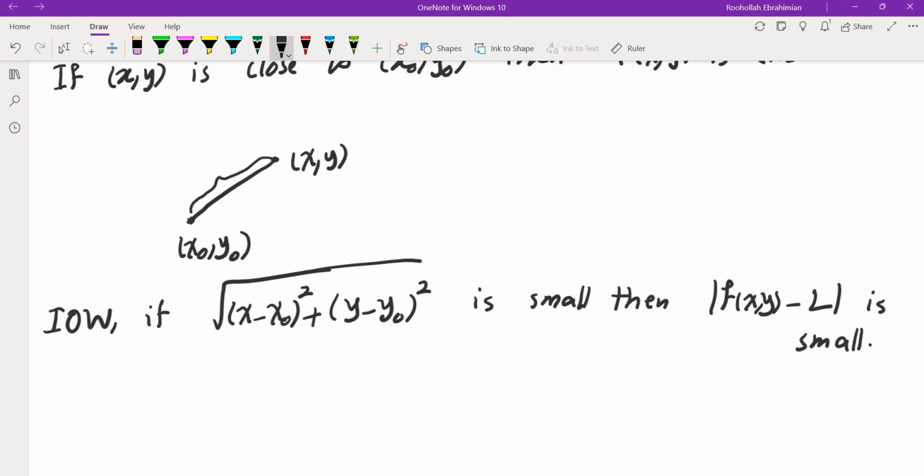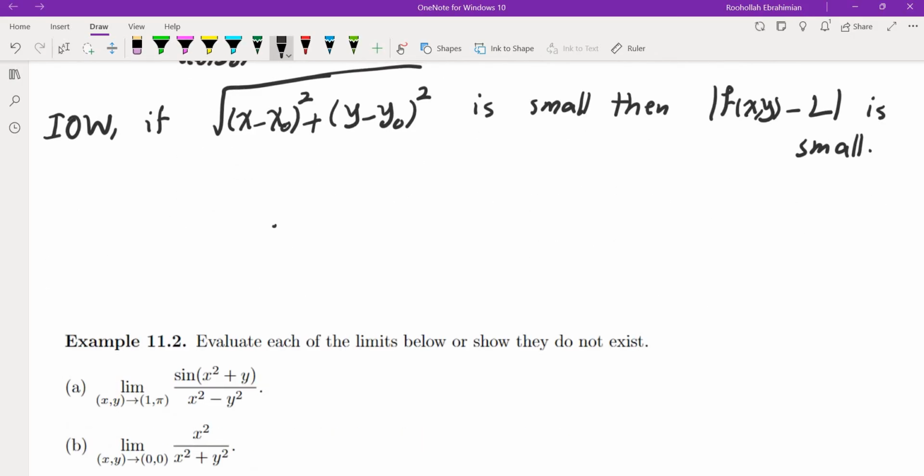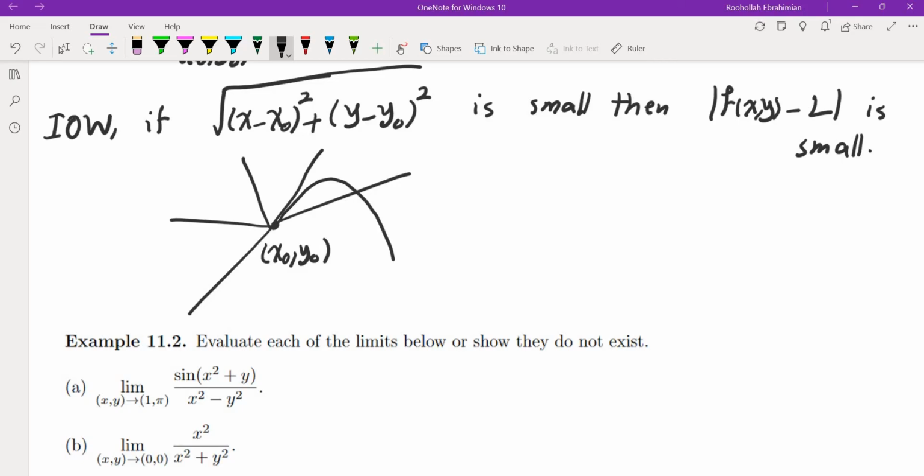Now if you approach x naught comma y naught in the two-dimensional space, you can approach it from any direction. So if this is your x naught comma y naught, you can approach it from any line through that point, or from, let's say, a parabola through this point. So the point is, limits of functions of two variables or three variables are going to be much more complicated than functions of one variable.